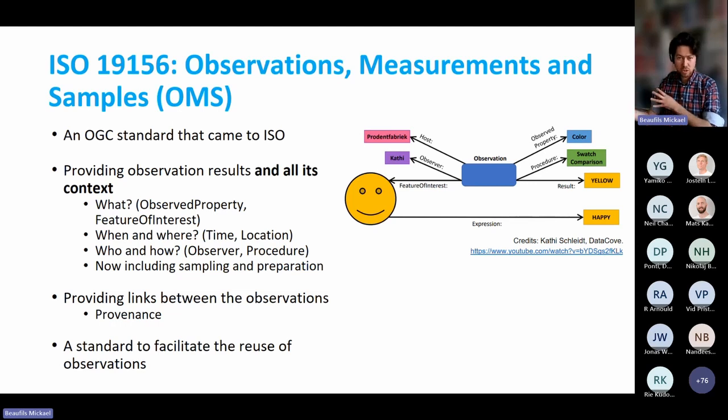So you will not just provide the result and what it is about, you will provide more information like the observed property, the feature of interest, where the observation was made, and who made it and how.